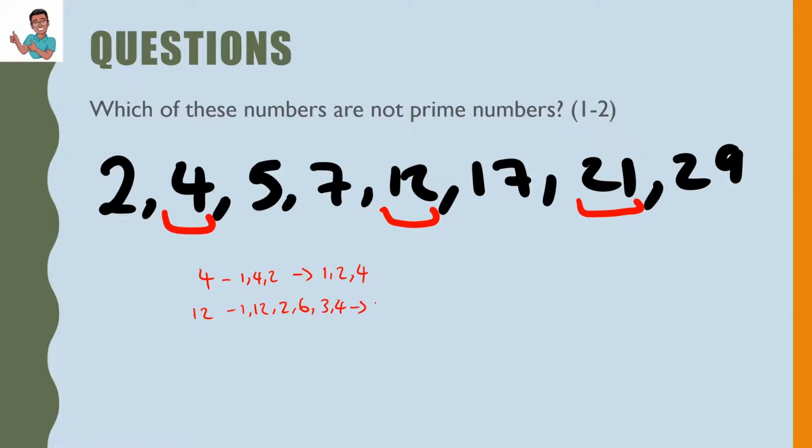And we have to write this in order, so it'll be 1, 2, 3, 4, 6, 12. And for 21, we can have 1 and 21, 3 and 7. So when we write this out, it would be 1, 3, 7, 21. All of these have more than 2 factors.